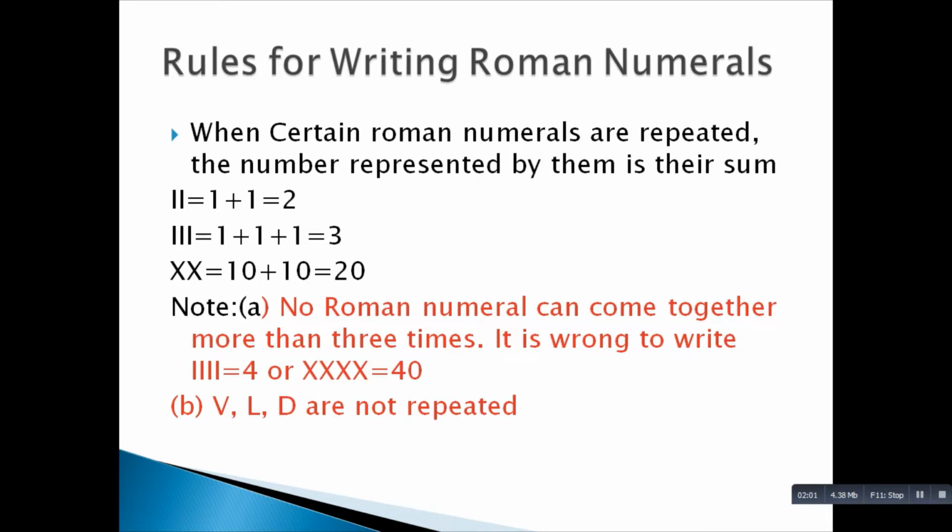This is also wrong. So you cannot repeat a particular numeral more than 3 times. Similarly, one more rule is there, that is V, L and D. You know V means 5, L means 50 and D means 500. These are not repeated. You cannot repeat them.